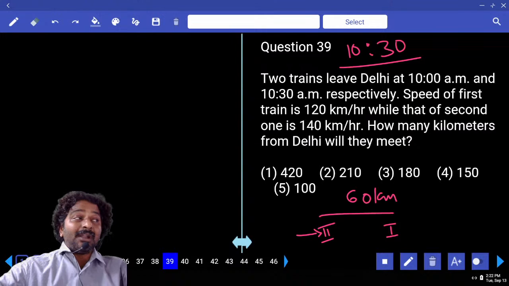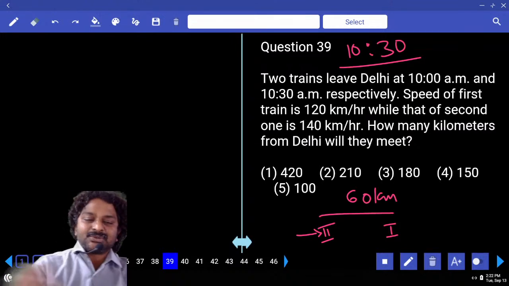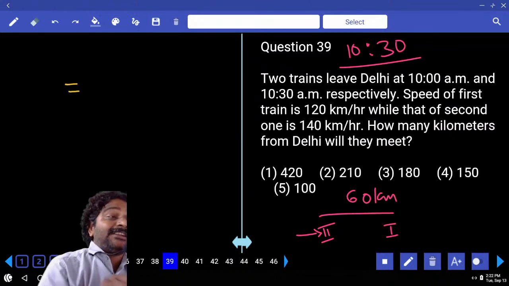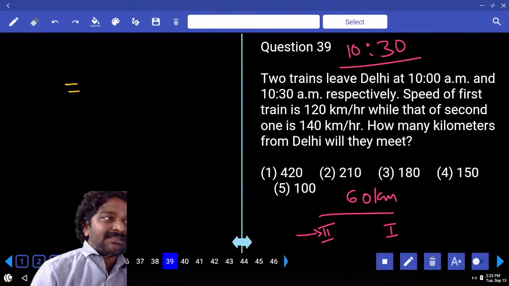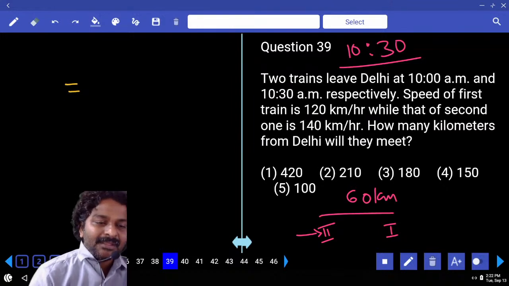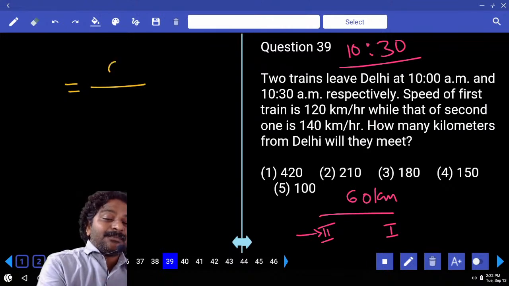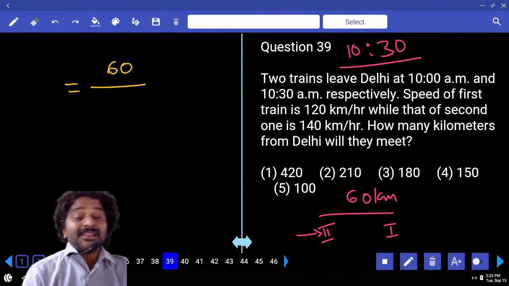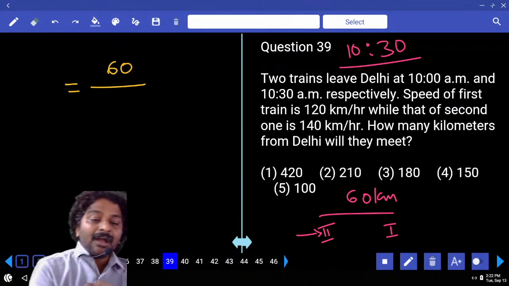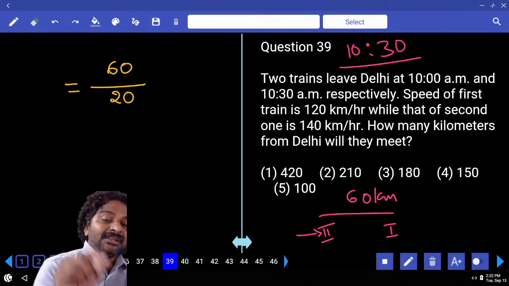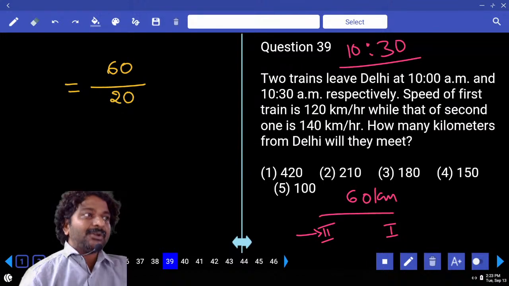And both are running in what direction? Then relative speed S2 minus S1. So let me first calculate time taken by second train to catch first train. Time equals distance by speed. How much is the distance? 60. Relative speed S2 minus S1. How much is that? 20. So, second train takes 3 hours to catch the first.